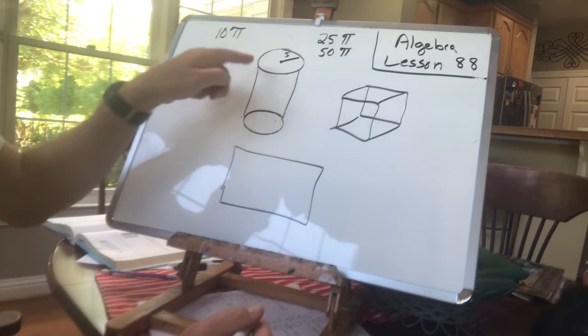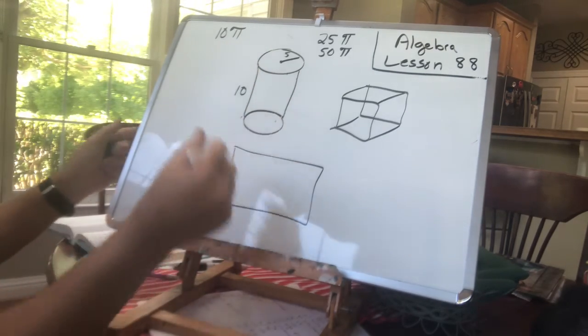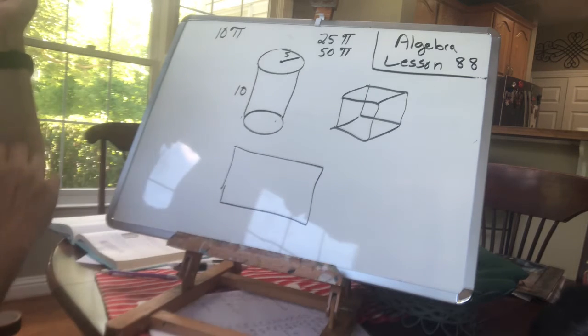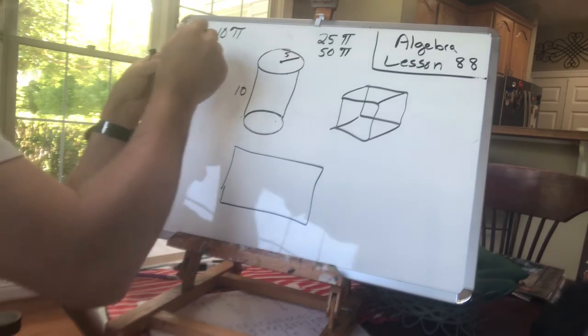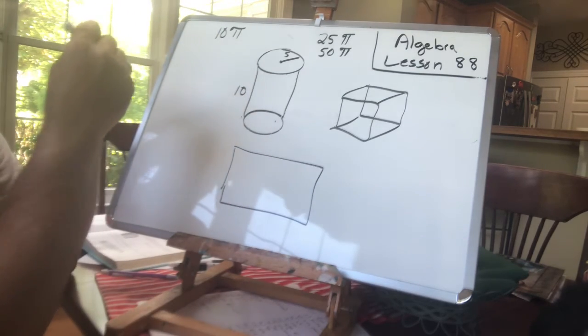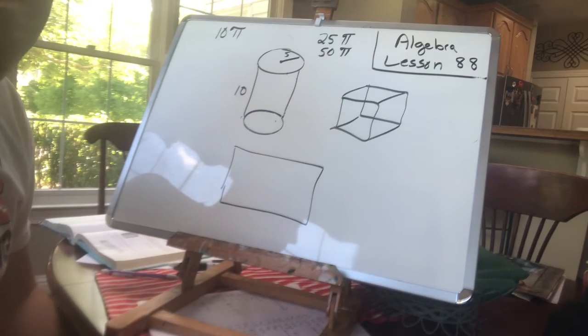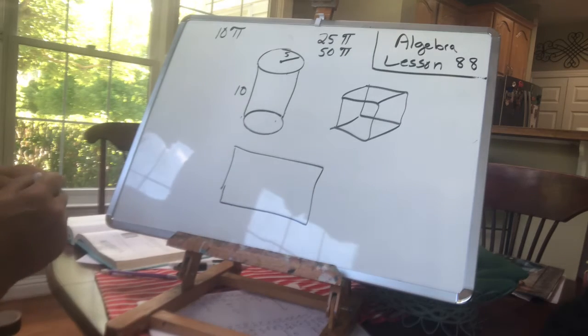That's the circumference, 10 pi, and whatever the height would be, let's say it's 10. 10 pi times 10 would be 100 pi, which would be my lateral surface area. Then you add them all together and you get your total surface area of the right solid.